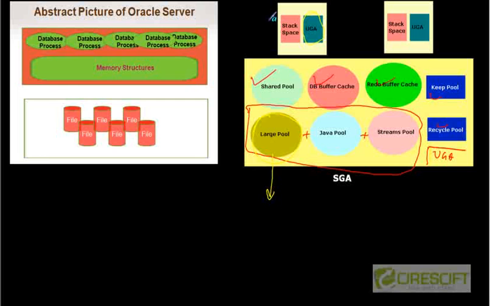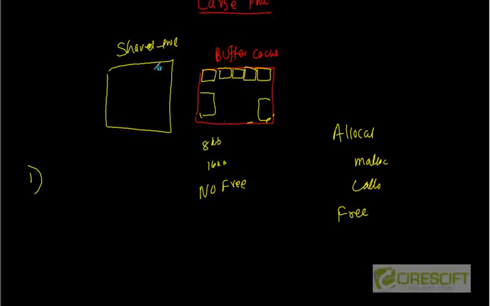But in a shared server mode, the PGA consists only of the stack space, and the UGA actually lies in the SGA. So the UGA in a shared server configuration is going to come from the large pool. The large pool will allocate memory for the UGA requirement in the case of a shared server mode.